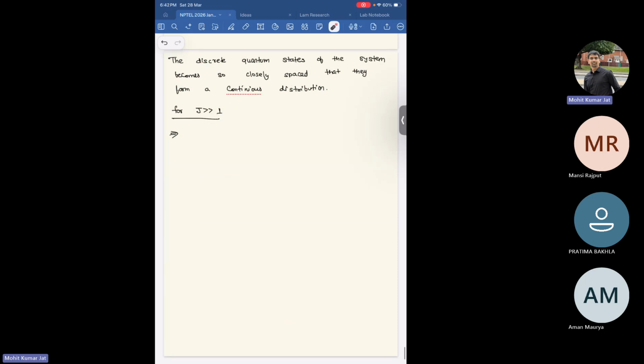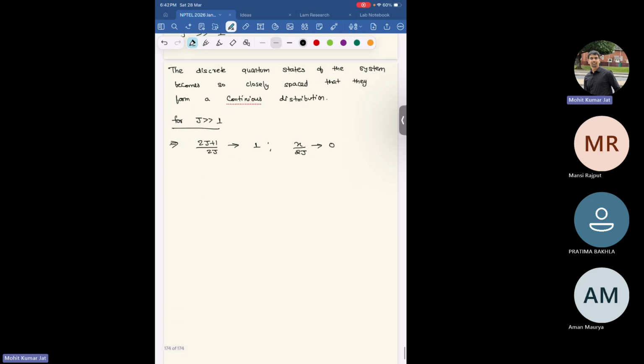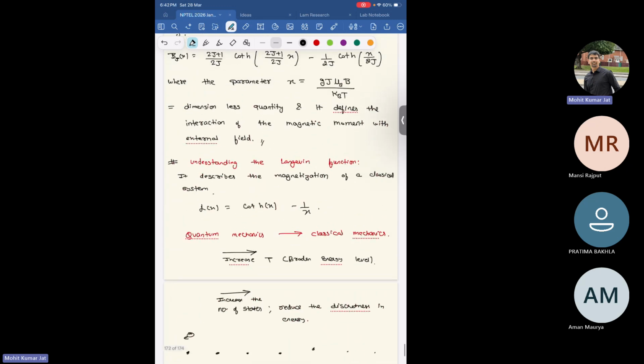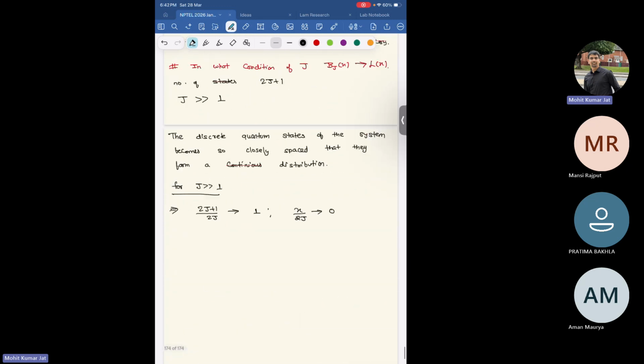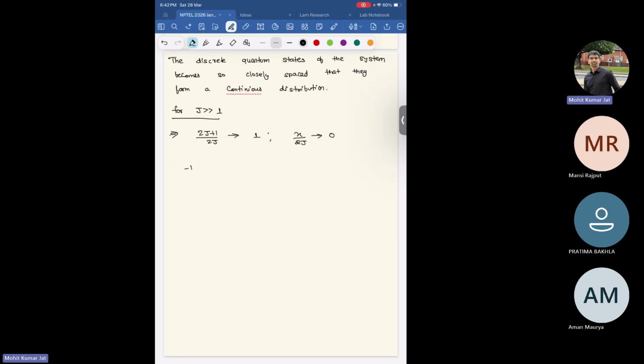So under those conditions, (2j+1)/2j will approach 1, right? And x/2j, whatever it is, will approach 0, right? For moderate x. So the term minus 1/2j times coth(x/2j) will boil down to minus 1 over x.